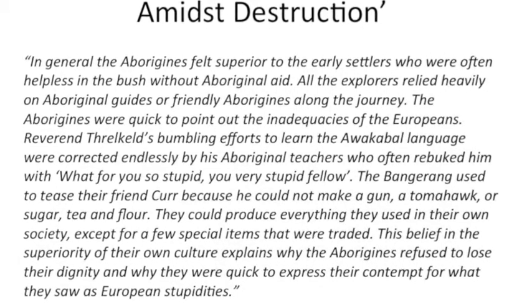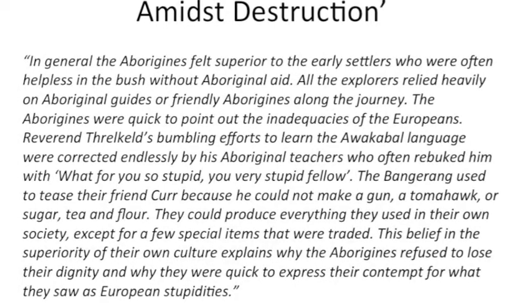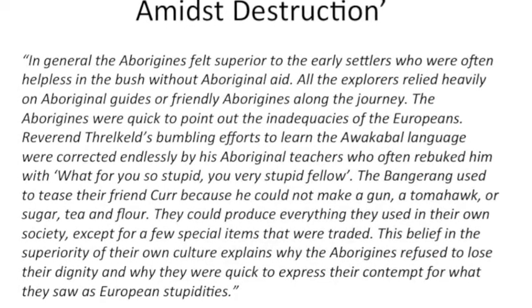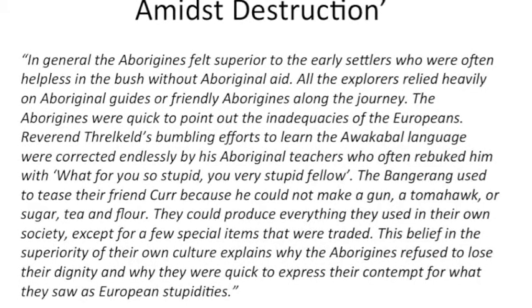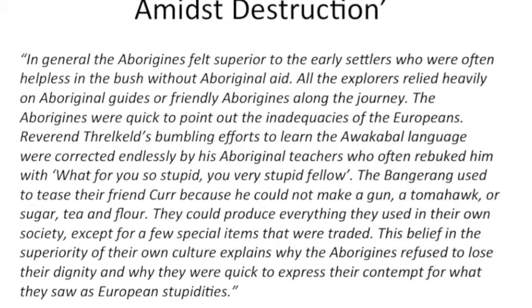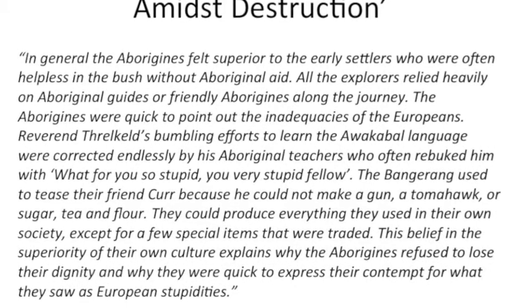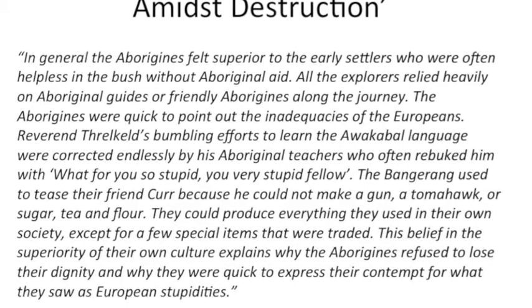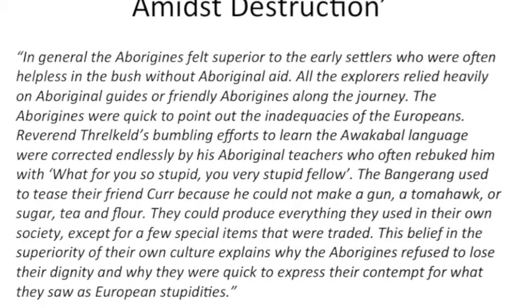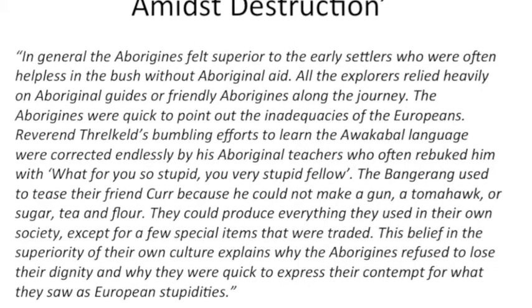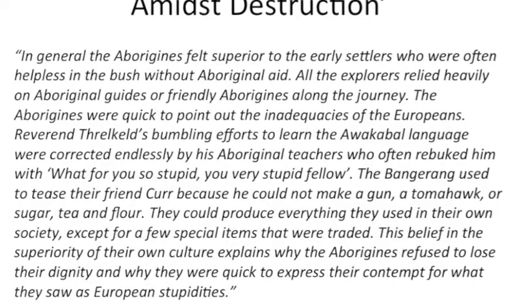The Bangarang used to tease their friend Kerr because he could not make a gun, a tomahawk, or sugar, tea and flour. They could produce everything they used in their own society except for a few special items that were traded. This belief in the superiority of their own culture explains why the Aborigines refused to lose their dignity and why they were quick to express their contempt for what they saw as European stupidities.